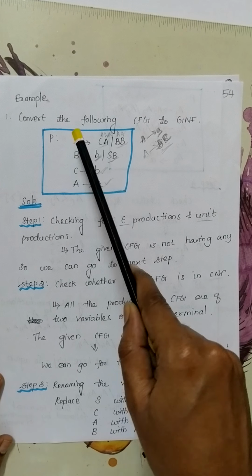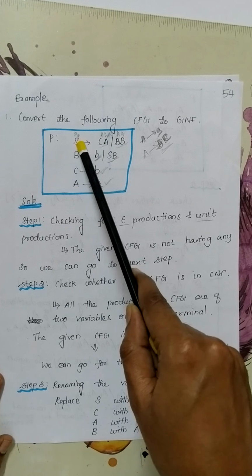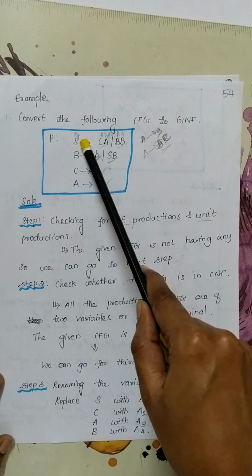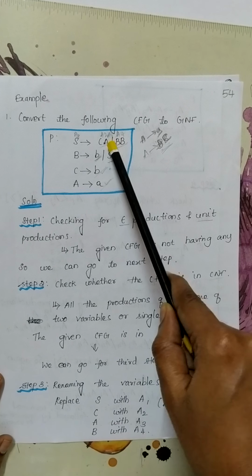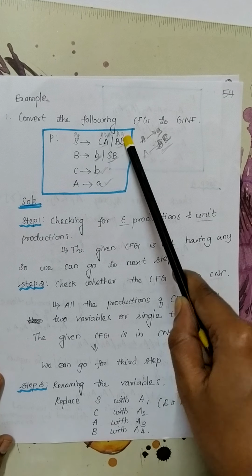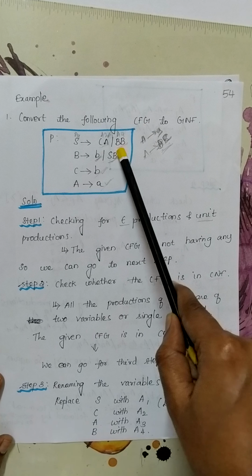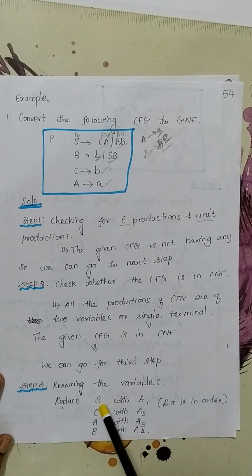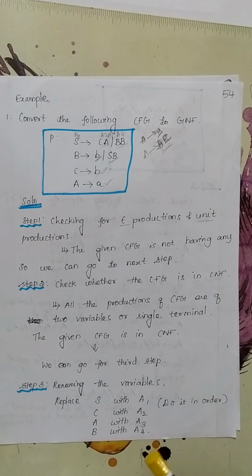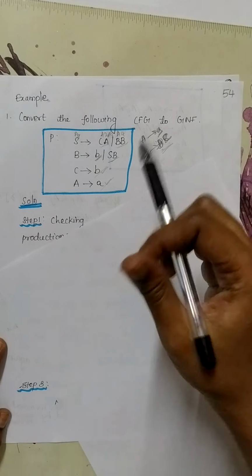We are going to replace S with A1, C with A2, A with A3 and B with A4. So in this way we rename it in order. You can see here, renaming the variables: replace S with A1, C with A2, A with A3 and B with A4.